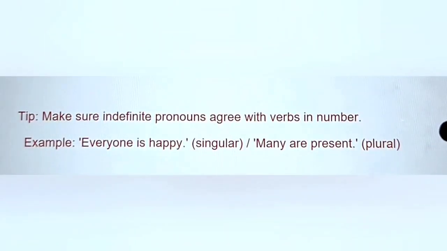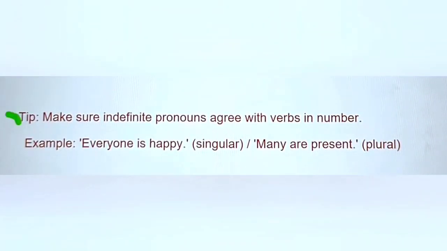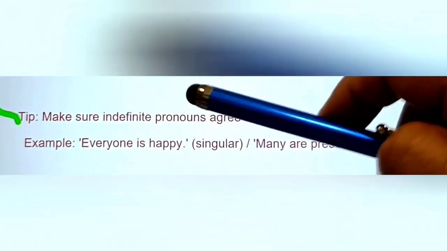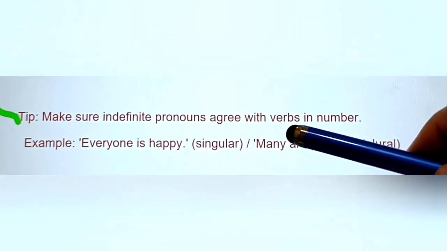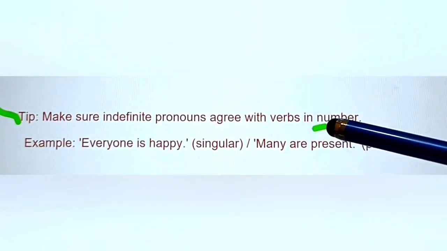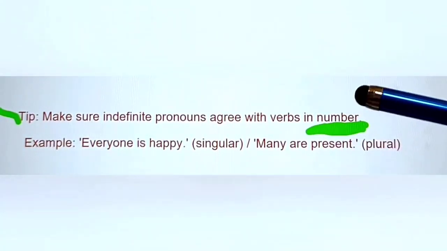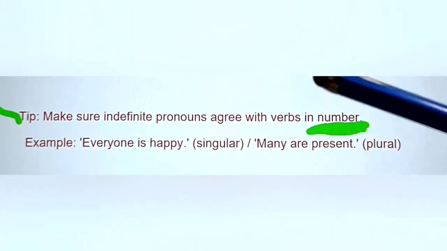To remember indefinite pronouns, we have a tip here so we can understand it easily. Make sure indefinite pronouns agree with verbs in number. So whether it's singular or plural, we have to make sure when we use it in a sentence.